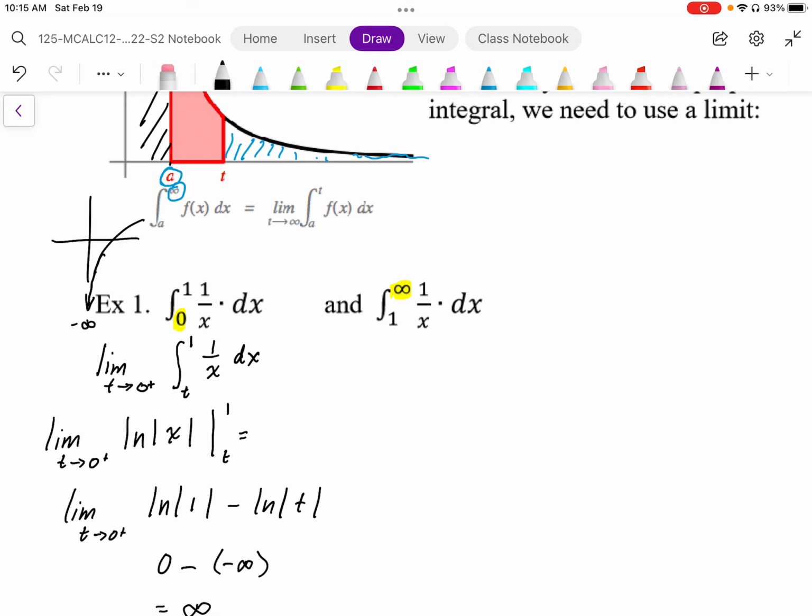The same holds for going to infinity. For this one here, we're going to set up the same thing, the limit as t goes to infinity. I'm just arbitrarily choosing a variable t, and this is going to be the integral from 1 to t now, and then this is 1 over x dx, and I can then just anti-differentiate this, so I get the limit as t approaches infinity, and I end up with log of x from 1 to t.